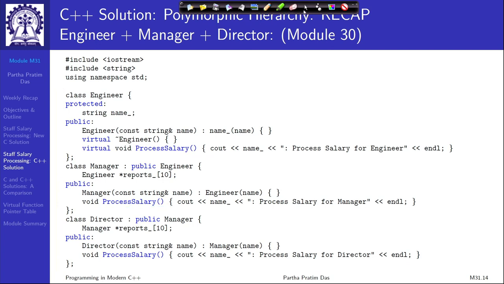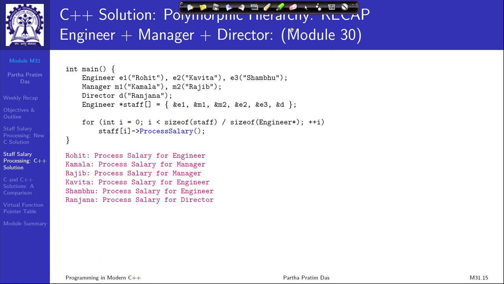Again we have the array of employees. I am not considering the vector solution, and I have a single line call to this process salary function, which by polymorphic dispatch will get me to the correct function for the engineers, for Rohit, for again engineer, and for M1, Komola, it will get to my manager's processing function, and so on. So, this is the C++ solution we saw.